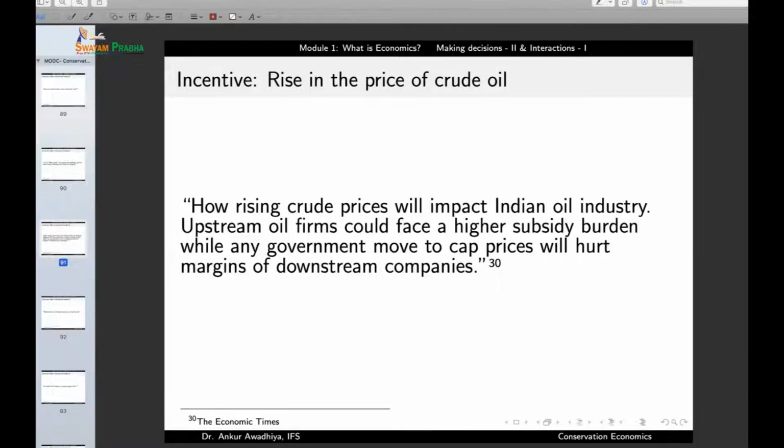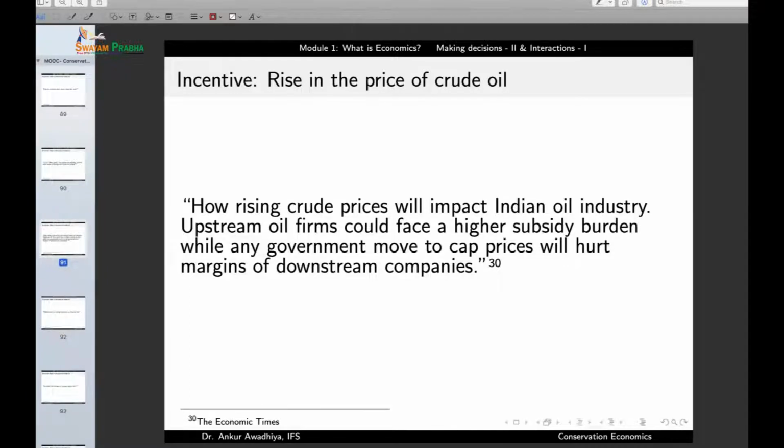Now, this article is saying that the upstream oil firms could face a higher subsidy burden because the price of crude oil is now going up, which means that the product that they are selling has increased in its price. So their profits might go up.